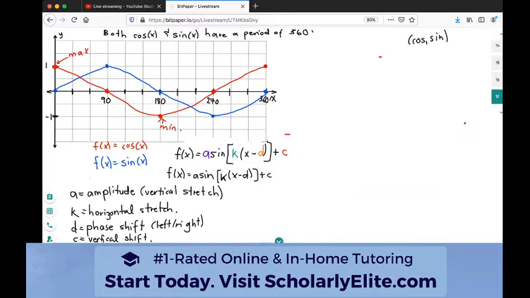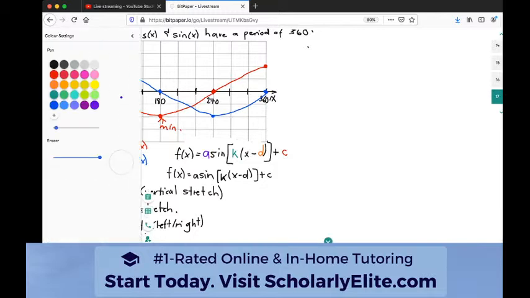Okay. So when we talk about shifts, let's say, for example, I wanted to create a sine graph. If I know my normal sine is f of x equals sine of x, let's say I want to create a sine graph that is, let me get another color.